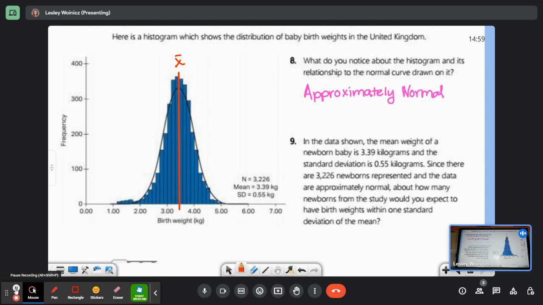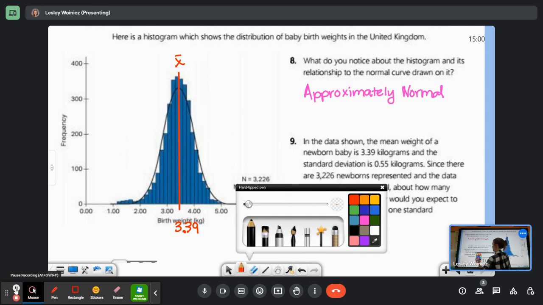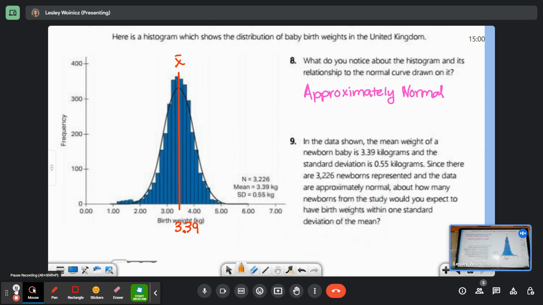Our standard deviation is 0.55. So what would we get if we added 0.55 to our 3.39? Try it on your calculator. 3.39 plus 1 standard deviation, plus 0.55.